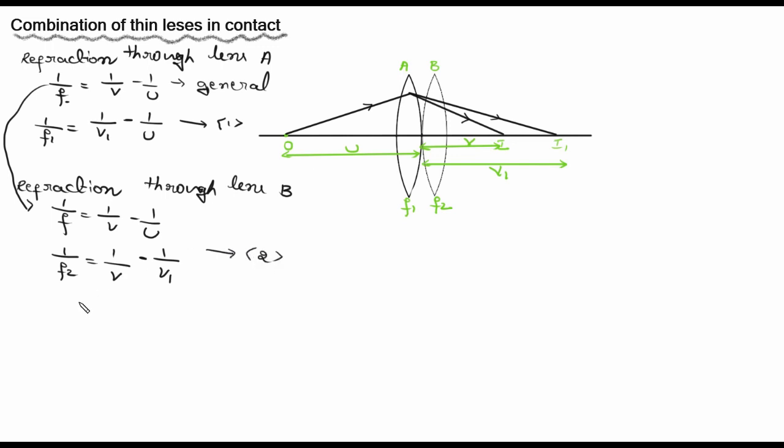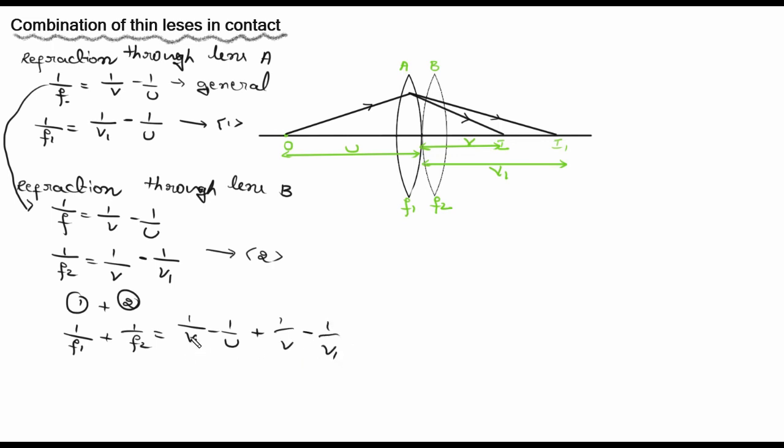Now we have to add equation 1 and equation 2. Left hand sides must be added to left hand sides, that is 1 by f1 plus 1 divided by f2, is equal to the right hand side of equation 1, 1 by v1 minus 1 by u, plus this one, 1 by v minus 1 by v1.